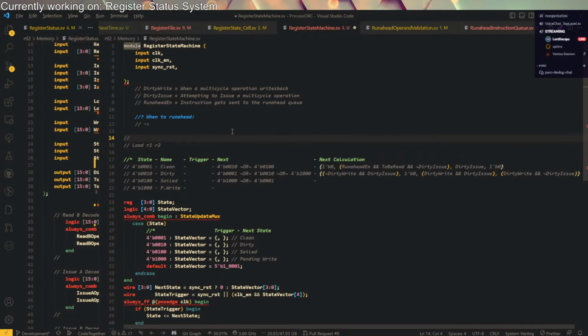Okay, so now you have an add R1. So it's marked dirty now. And then if I do an add R3 R1, this gets pushed to run ahead.